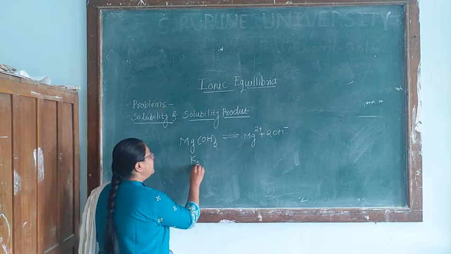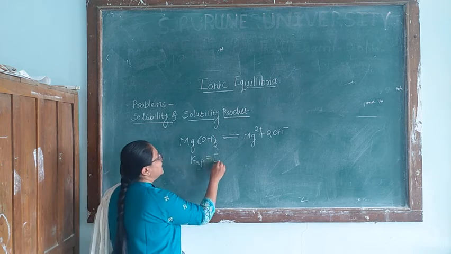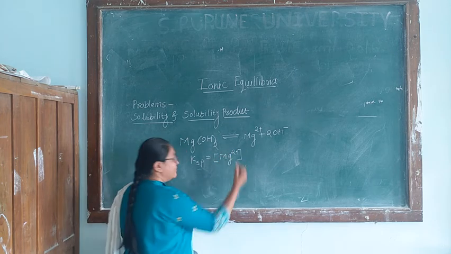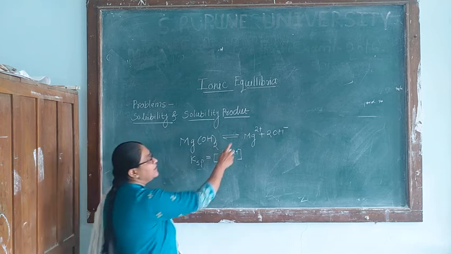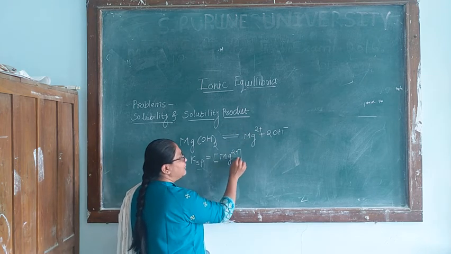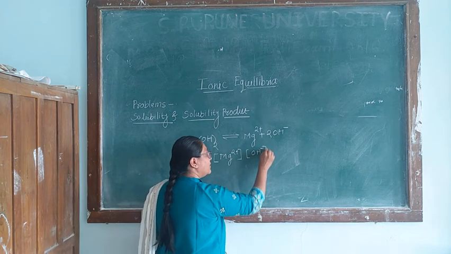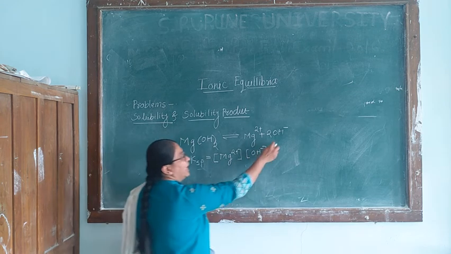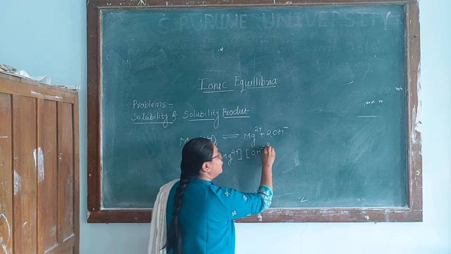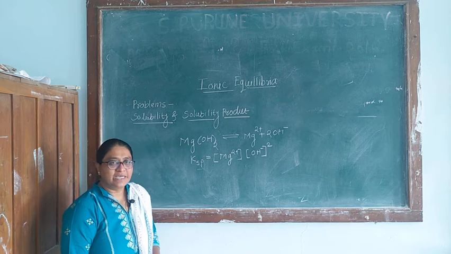Therefore, the solubility product for magnesium hydroxide is the concentration of magnesium 2+, with power 1, times the concentration of hydroxyl ions, with power 2, since they are formed twice. So this is the solubility product.